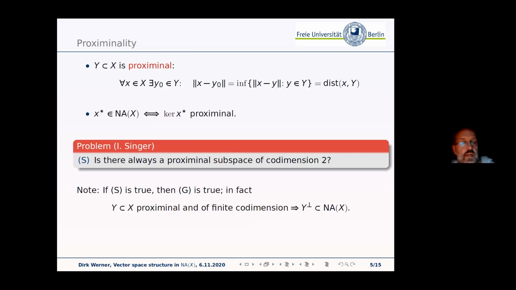The connection between the problems G on the previous slide and this one is given in this implication. If you have a proximal subspace of finite codimension, then the annihilator is a finite dimensional subspace consisting entirely of norm-attaining functionals. So if the answer to Singer's problem is yes, then the answer to the problem G by Gilles Godefroy is also yes.